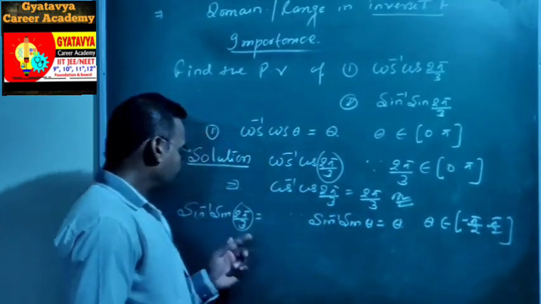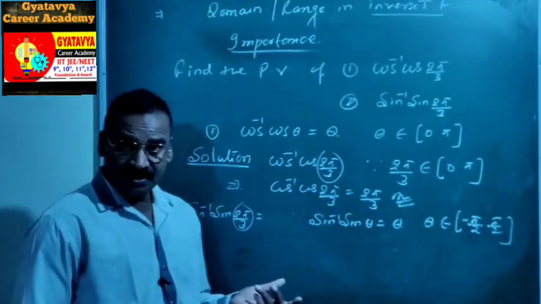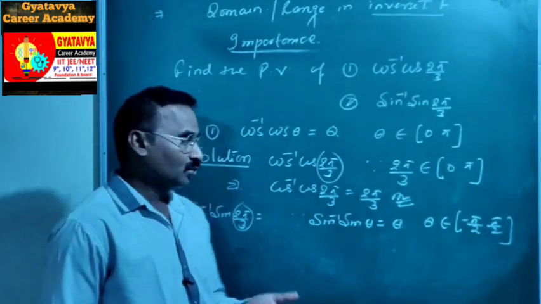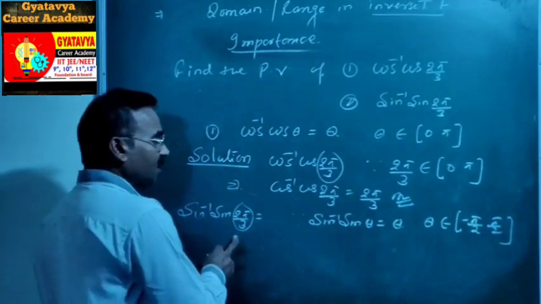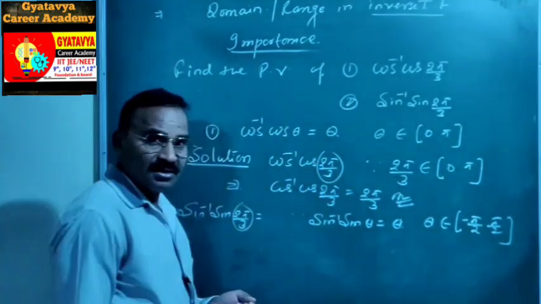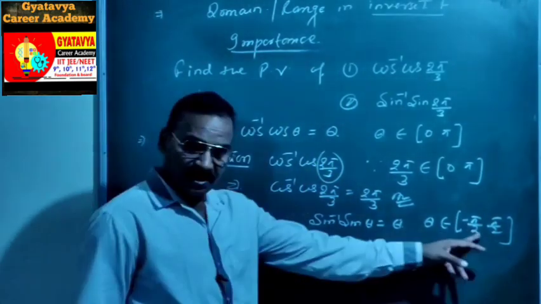So what is the value of sin inverse sin 2 pi by 3? Is it 2 pi by 3? No, because 2 pi by 3 is out of this interval.